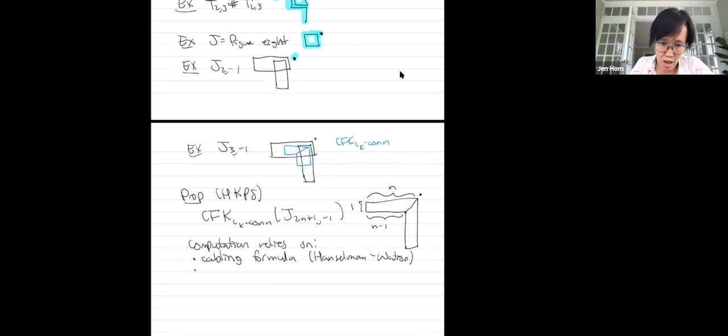So for the experts in the audience, this cabling formula only gives us information over F adjoin UV mod U times V. But it turns out that that's enough. We're able to lift this to just this ring.